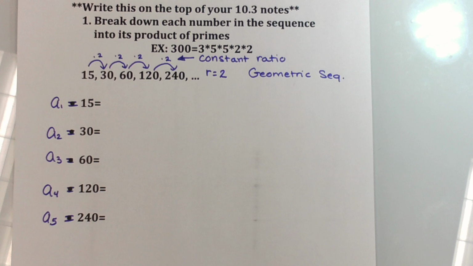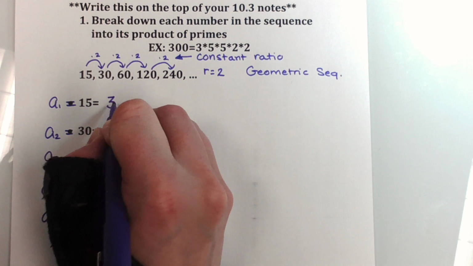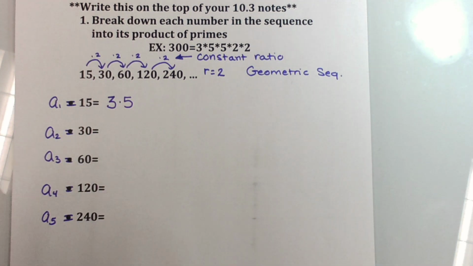15 is what prime numbers getting multiplied together? 3 times 5. What about 30? 3 times 5 times 2.